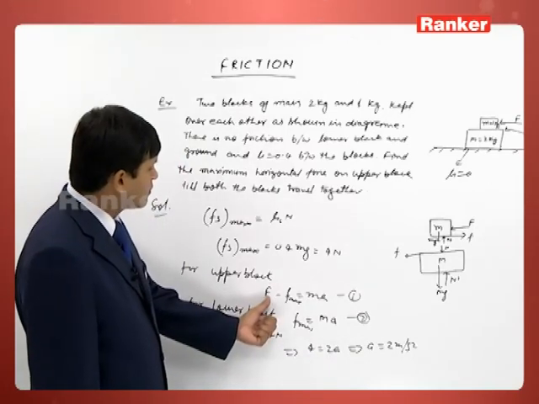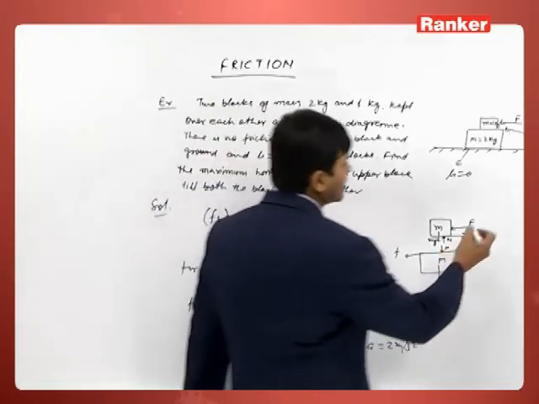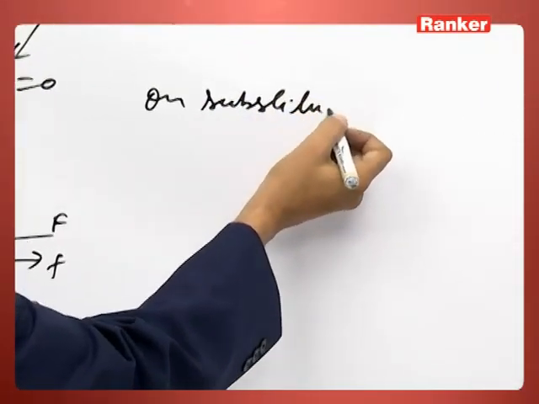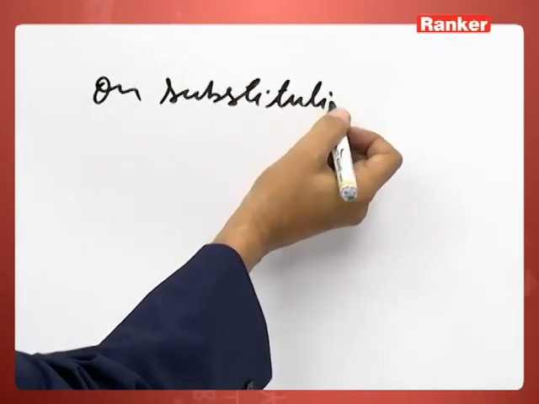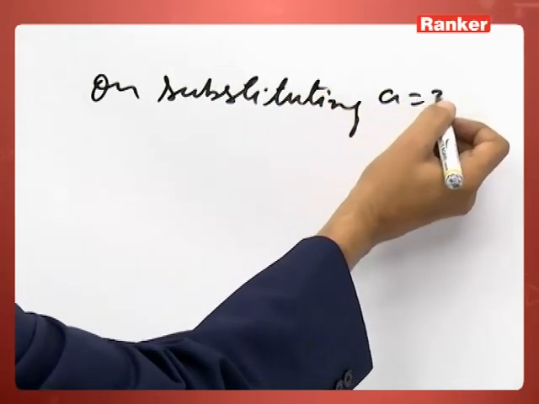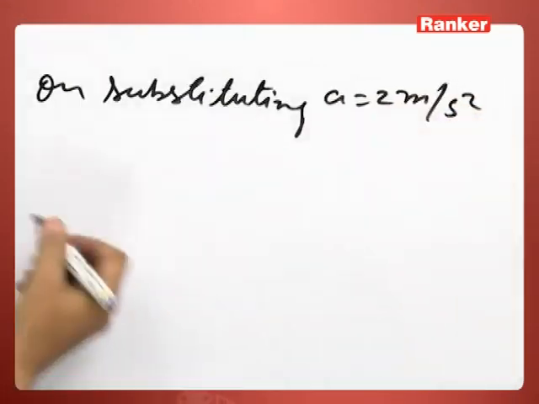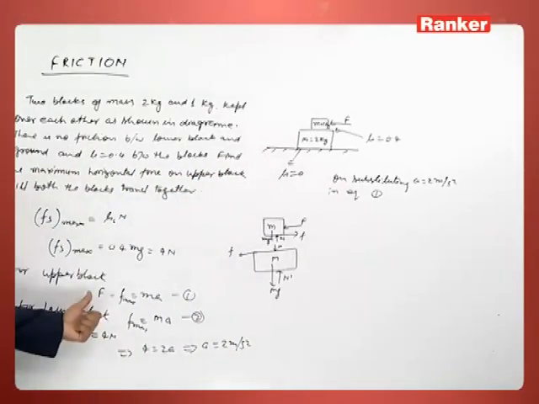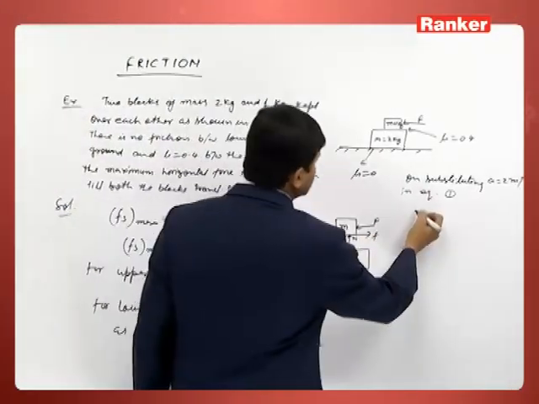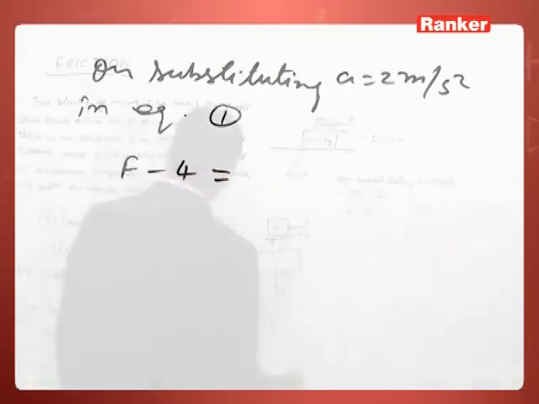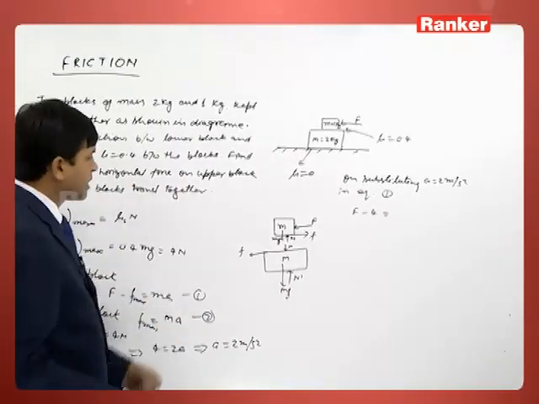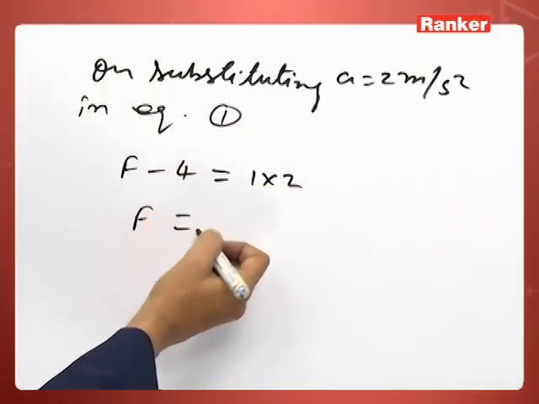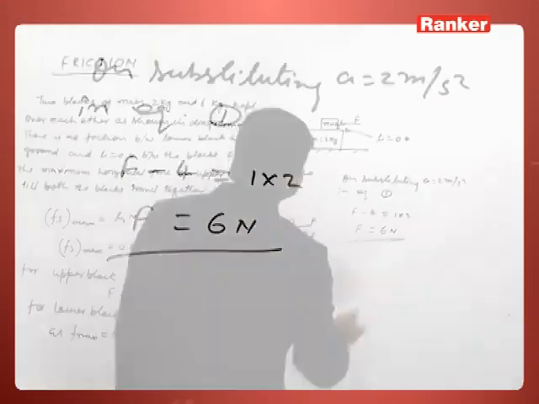So now substitute the value of A in the first equation. On substituting A equal to 2 meter per second square in equation first, F minus f maximum, F minus 4 is M into A, M is 1 and A is 2, 1 into 2, so F is equal to 6 Newton.